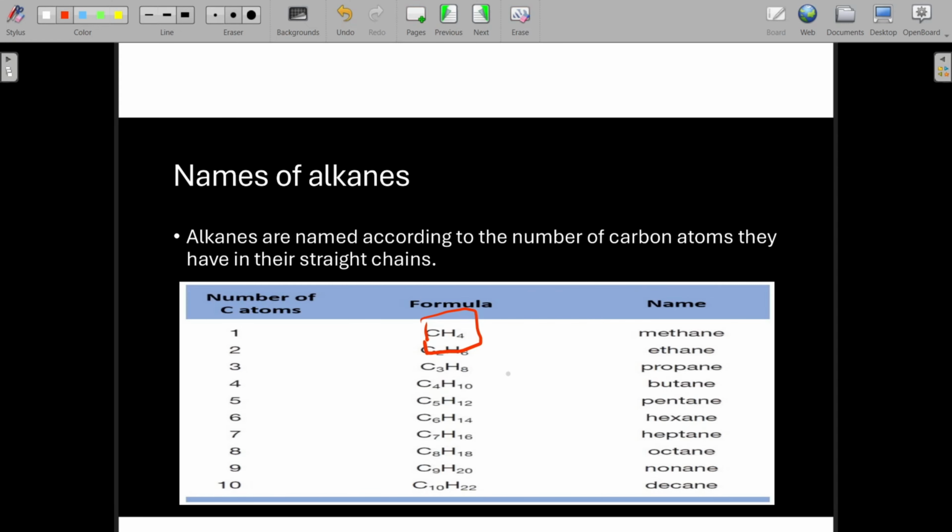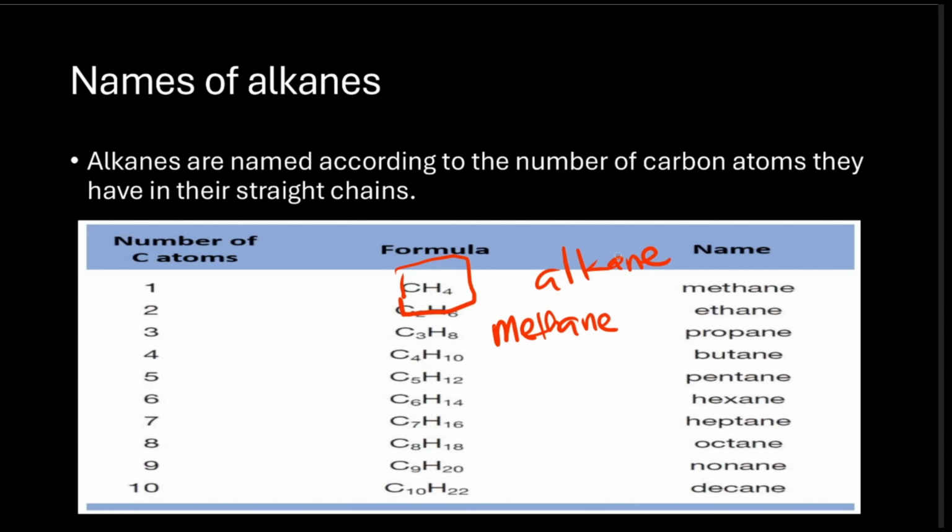We name alkanes by adding the suffix "-ane" to the Greek word meth. So we have meth, and then we add the suffix "-ane" as in alkane. So we take the suffix "-ane" and then we add it to the meth to give you methane.